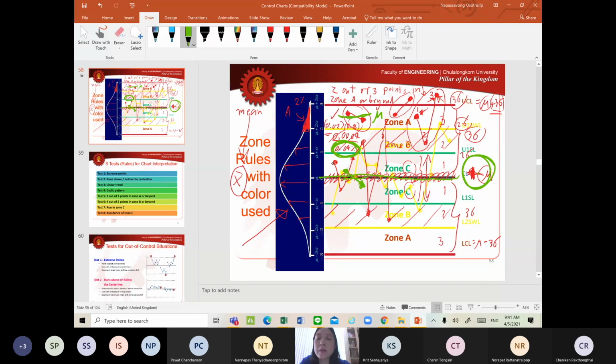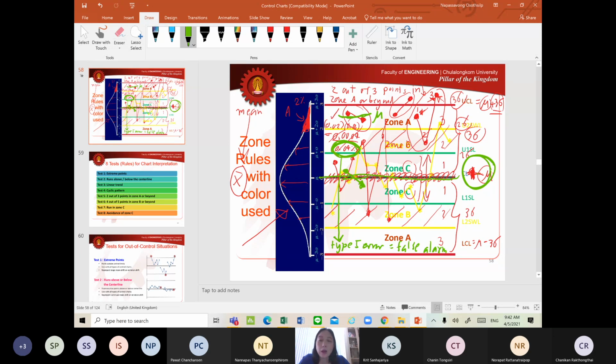That means this probability is called type 1 error, or what we call false alarm error.